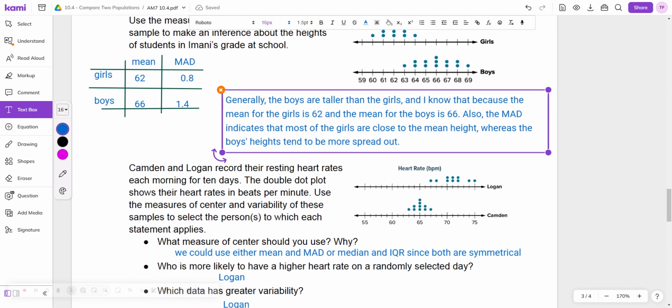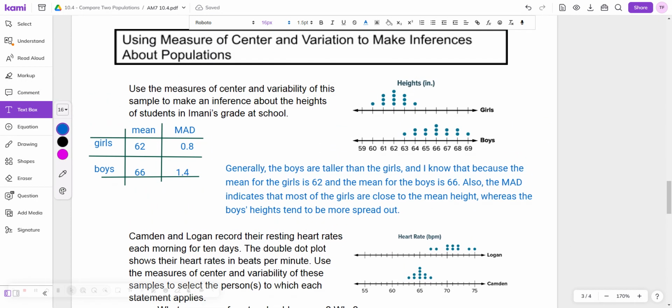Okay, here's another dot plot. Camden and Logan record their resting heart rates each morning for 10 days. The double dot plot shows their heart rates in beats per minute. Use the measures of center and variability in each of these samples to select the person to which the statement applies.